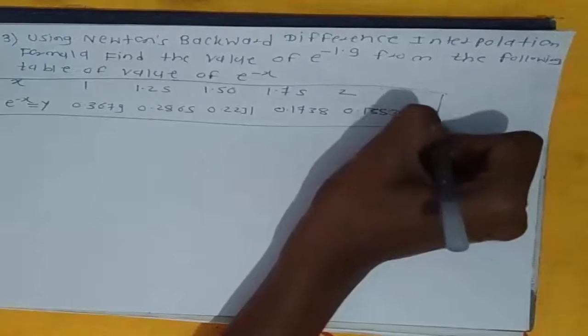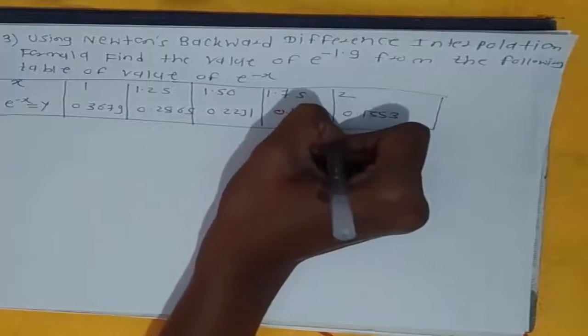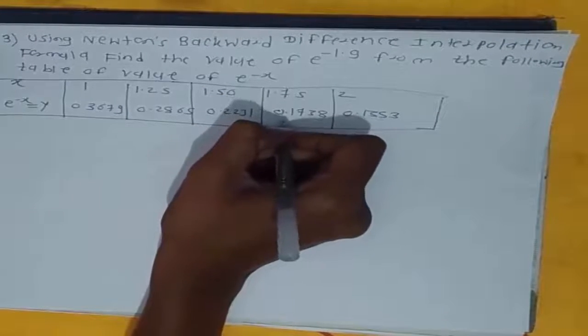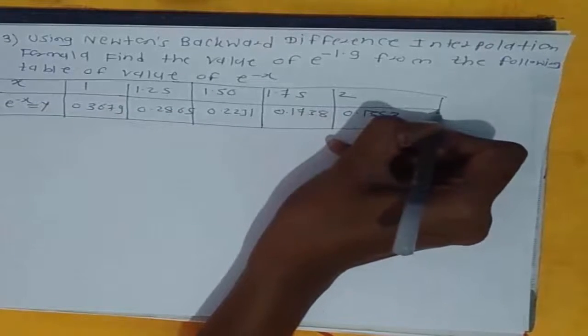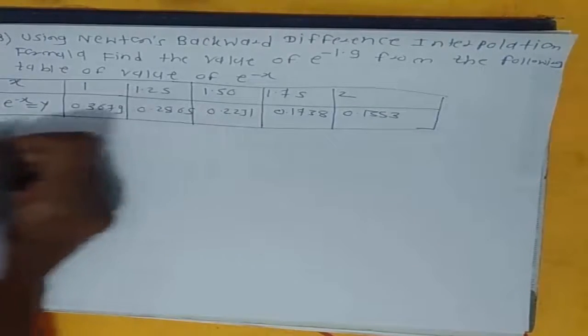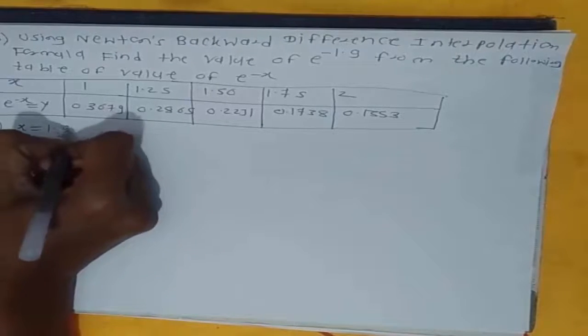So we are given these tabular values of x and e raised to minus x, the function y. From this data we have to find the value of e raised to minus 1.9, that is, for x equal to 1.9.